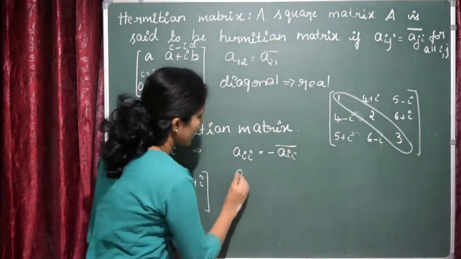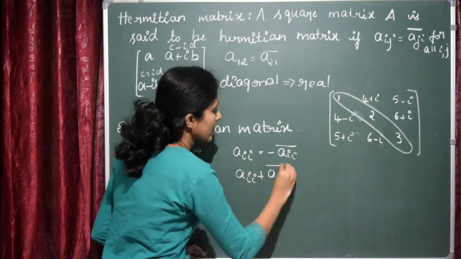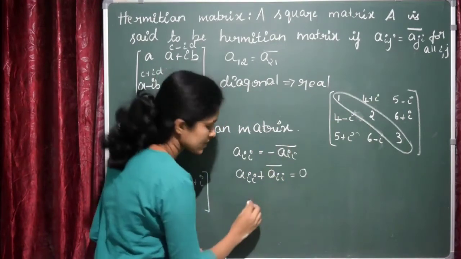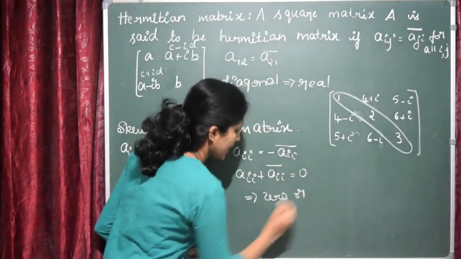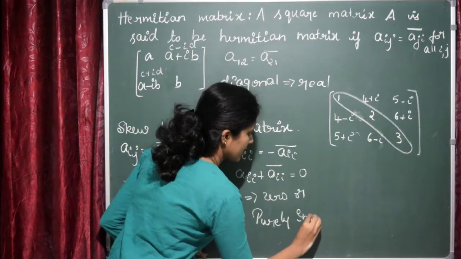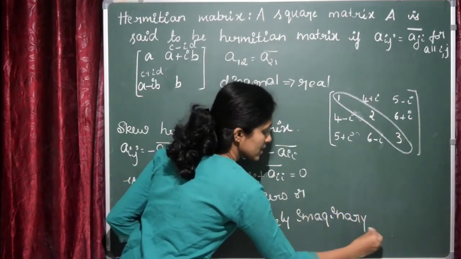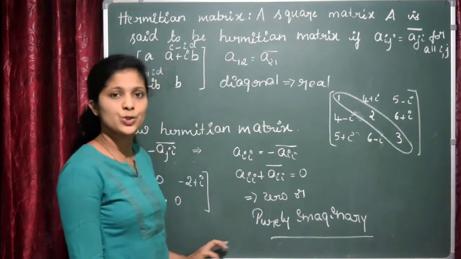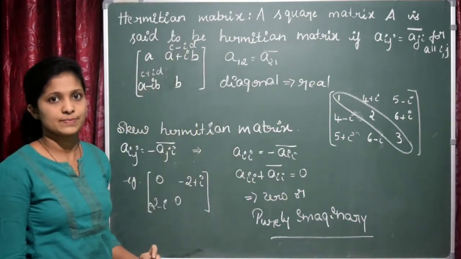So I can write Aii plus Aii bar is equal to 0. That means the diagonal element should be 0 or purely imaginary. Is it clear? Purely imaginary means the real part should be equal to 0. This is about the Hermitian and the skew Hermitian matrix.